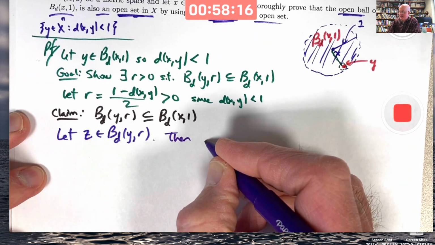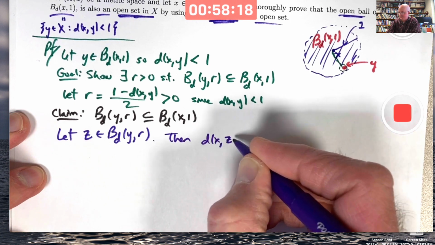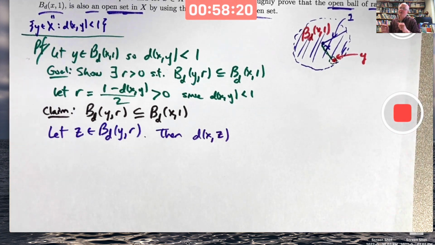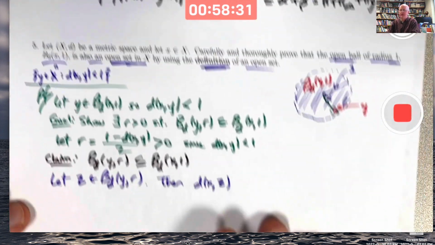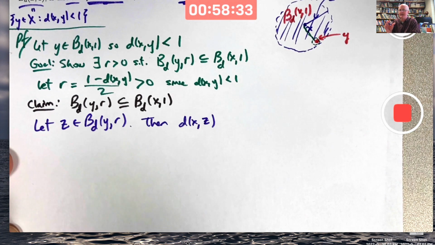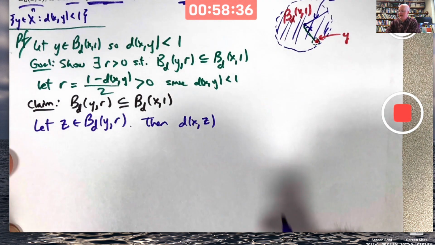So I've got to think about the distance between x and z. Almost always in these situations, you want to have a light bulb that goes off in your mind saying triangle inequality, triangle inequality. For metrics, here this was a triangle inequality for norms up here. There's a triangle inequality for metrics here when you've got 3 elements, x, y, and z in the metric space.